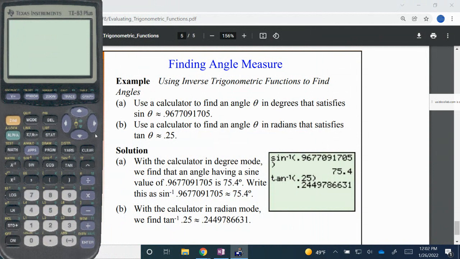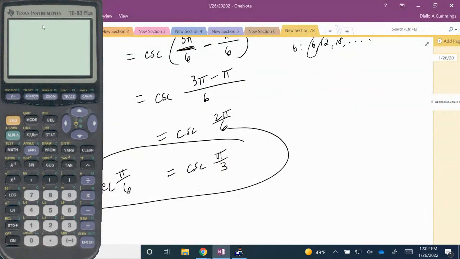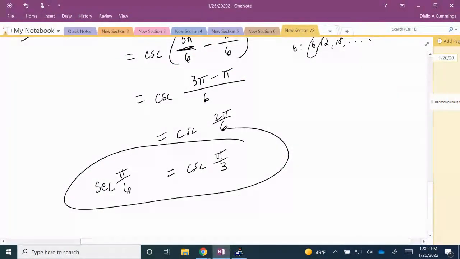And in the second example, we're asked to use a calculator to find an angle in radians. So we must be careful on the mode of our calculator that satisfies the tangent of theta, right? The tangent of some angle is equal to 0.25. All right, so let's take a look at the solution.